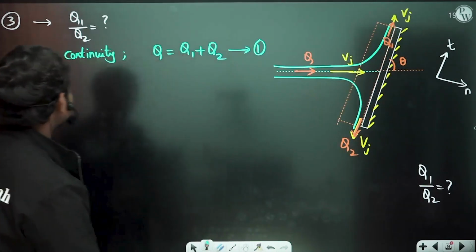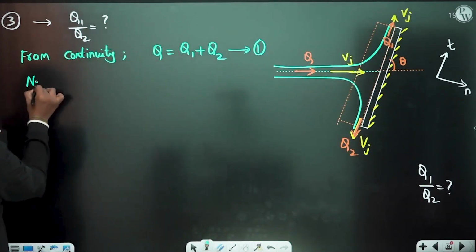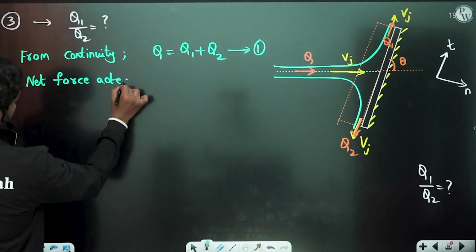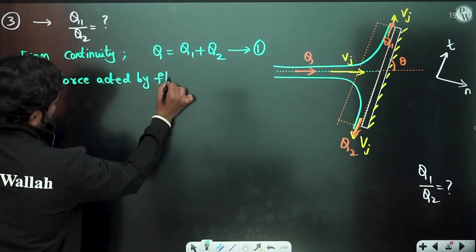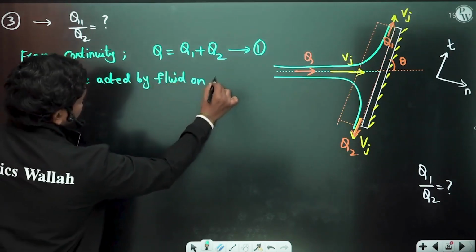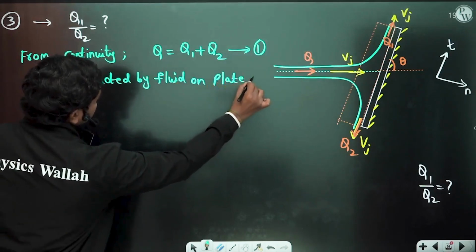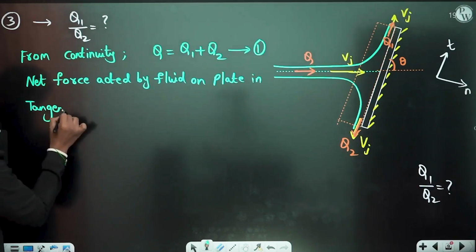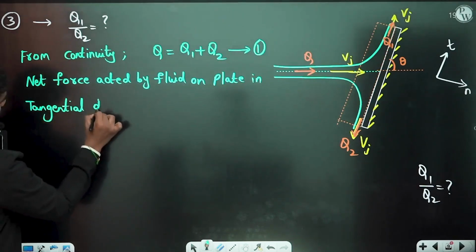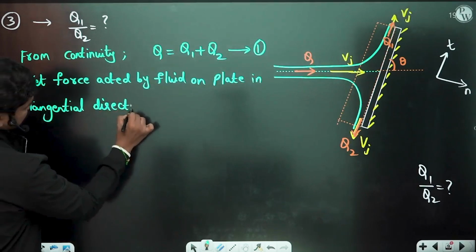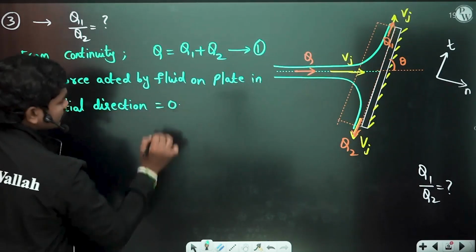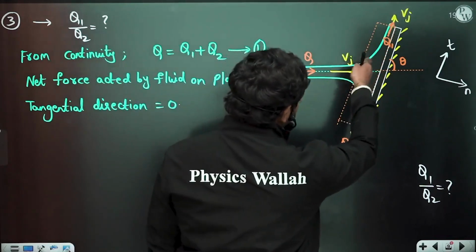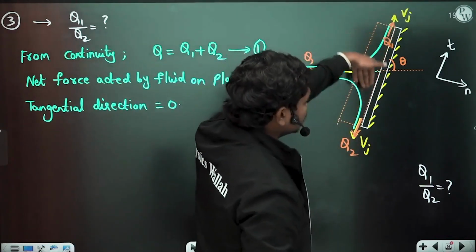So if you see, the net force acted by the fluid on the plate in the tangential direction is 0, correct? This is basically 0, right? Because you see there is no tangential impact that's happening. Whatever is coming, it's just changing its momentum, that's it.